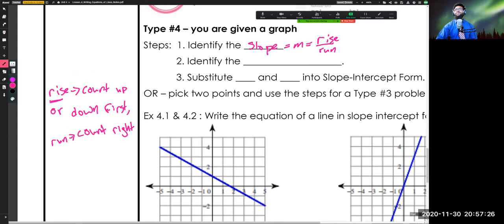Okay, so once we identify our slope, then we're going to identify our y-intercept.